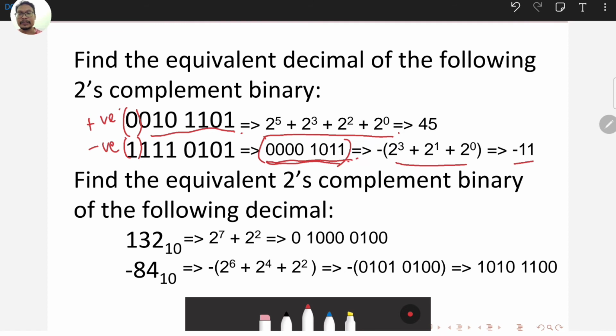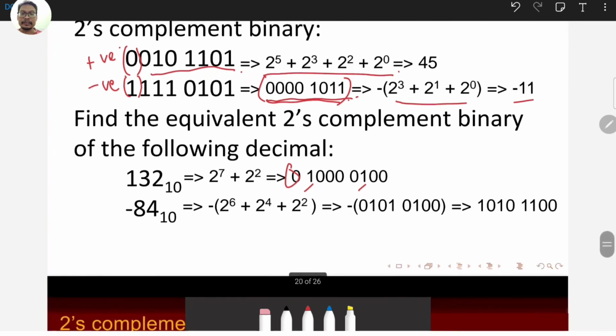Similarly, the other way around: 132 in base 10 and also negative 84 can be represented as the equivalent 2's complement binary. The positive one is quite straightforward: 0 in the front as the MSB, and calculate 2 to the power of 7 plus 2 to the power of 2. However, for negative 84, it's a little bit tricky.